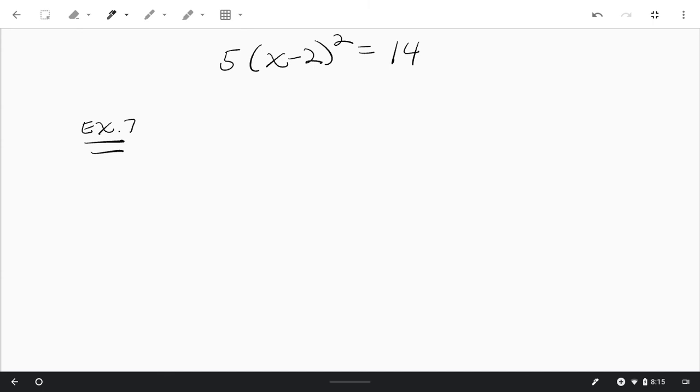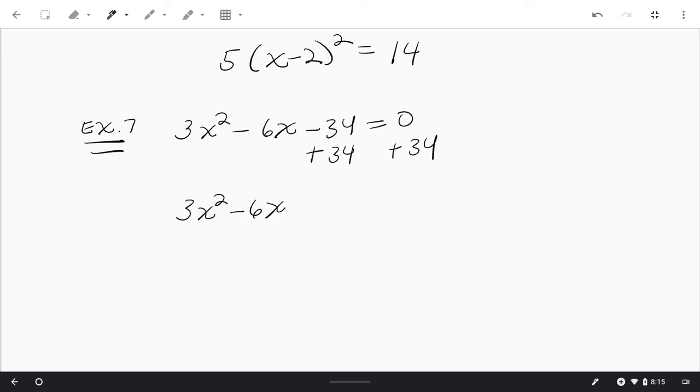So suppose that we have 3x squared minus 6x minus 34 equals 0. Okay, so again, we start off the same, add 34 to both sides, and I end up with 3x squared minus 6x plus something equals 34 plus something.